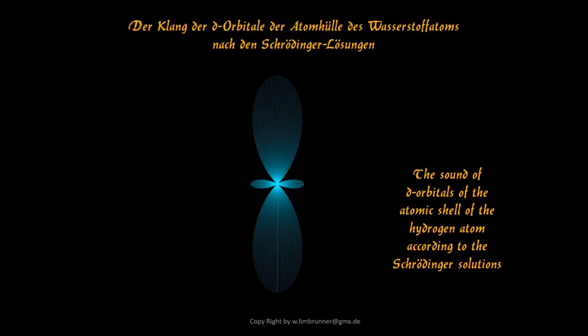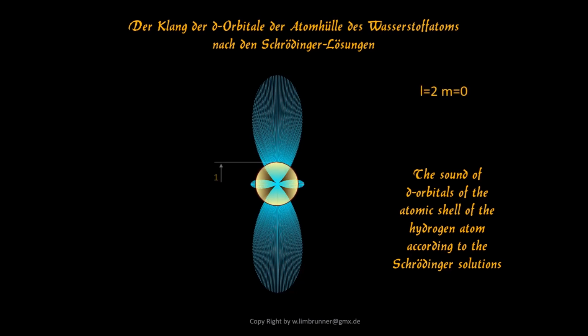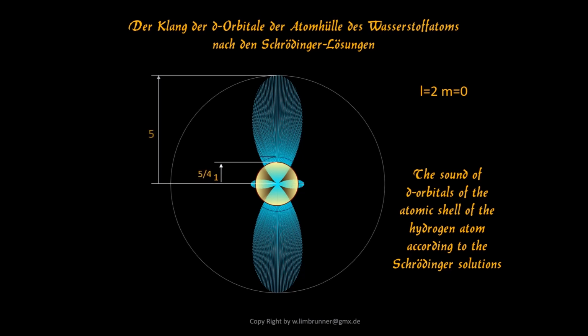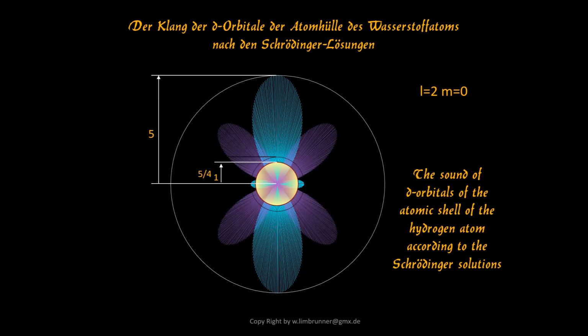At the Nürnberger Harmonic Symposium 2012, I was able to show how the solutions of the Schrödinger equations for the hydrogen atom exhibit potentials of equal charge, the boundaries of which in turn correspond to numerical proportions of music. Hear the p orbital.